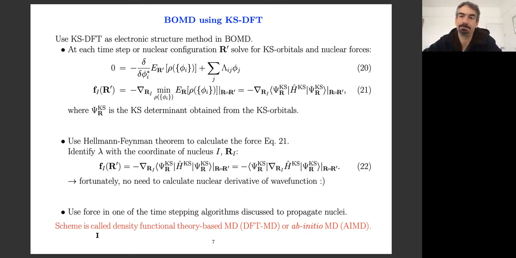You call it this way because you calculate the gradients from electronic structure rather than from, let's say, a parameterized force field or something like this. Often parameterized force fields actually are parameterized to these kinds of electronic structure calculations, okay?